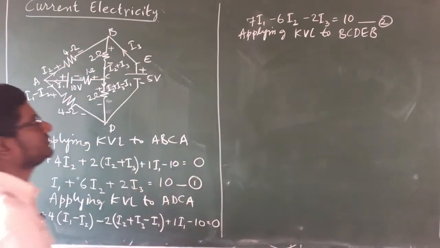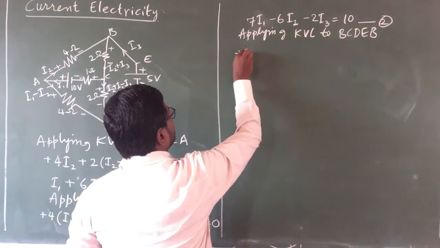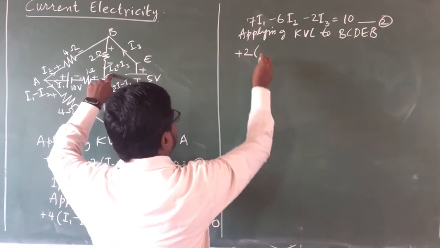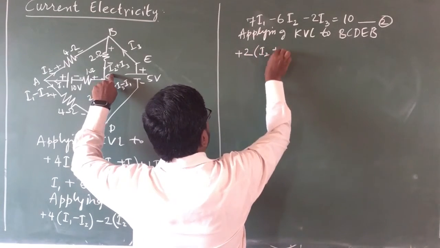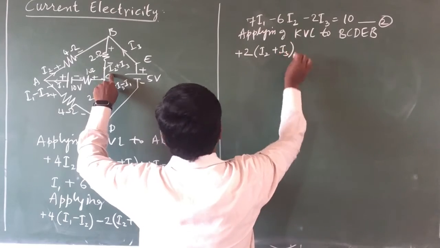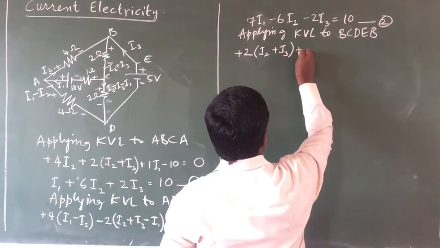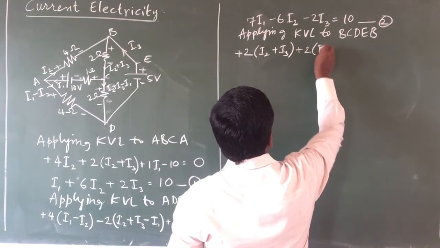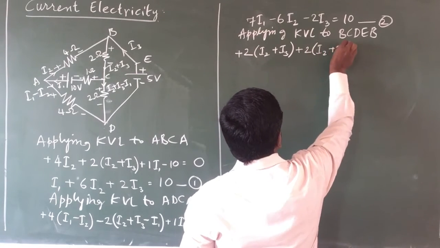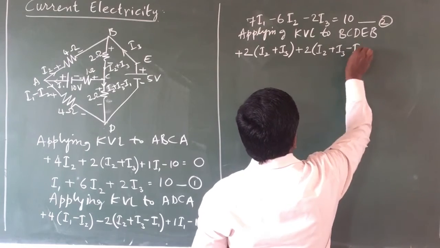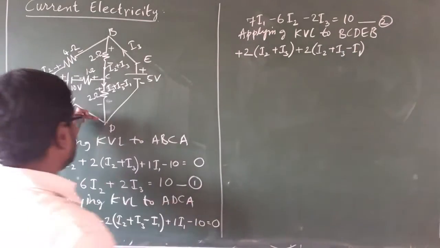It is a plus. What is the value there? It is 2. The current flowing there is I2 plus I3. Then next thing is again going from C to D, there is a plus 2 multiplied by I2 plus I3 minus I1. I came till here.